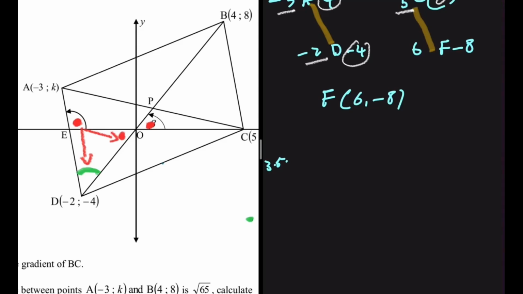So how can I find this first angle that I'm claiming I can find? I can use the gradient of BD, which I already have, because tan theta is equal to m. And then how can I find this angle? I can use the gradient of AD to find that angle. So let's go ahead and compute that.